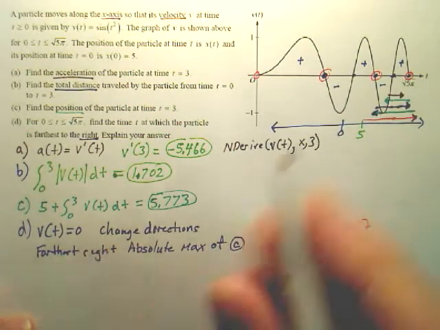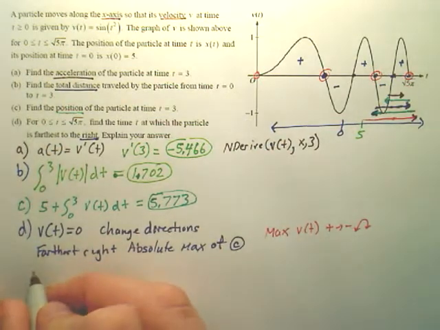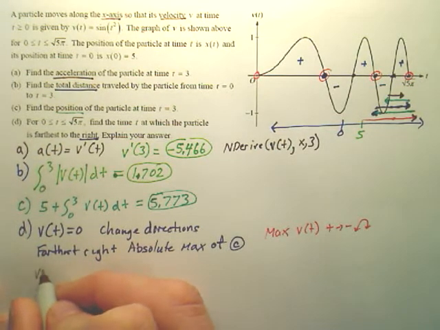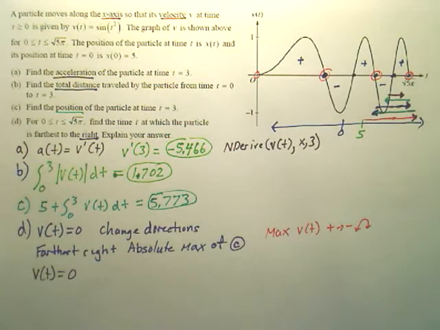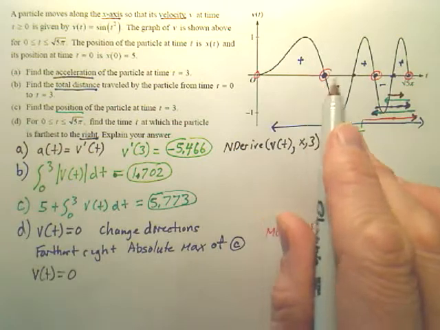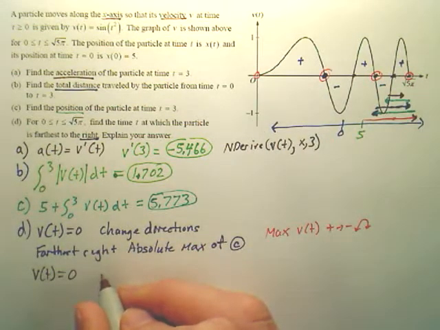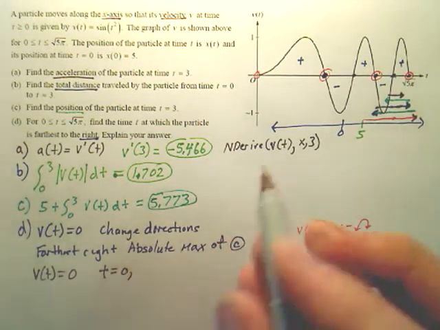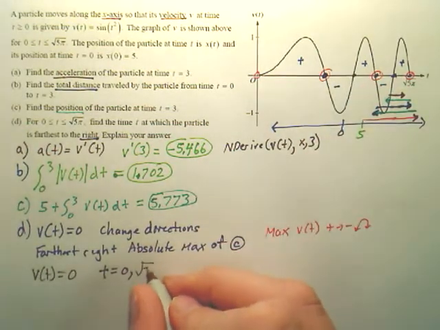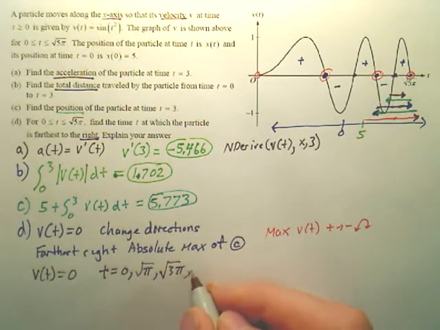So what I would say is you set v of t equal to 0, and you'll get t equals the first one is going to be the square root of pi. The second one ends up being the square root of 3 pi. And the last one's obvious, the square root of 5 pi.